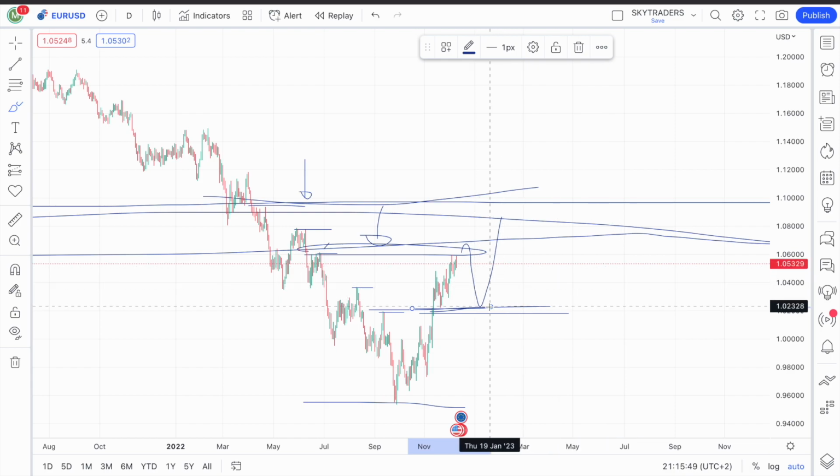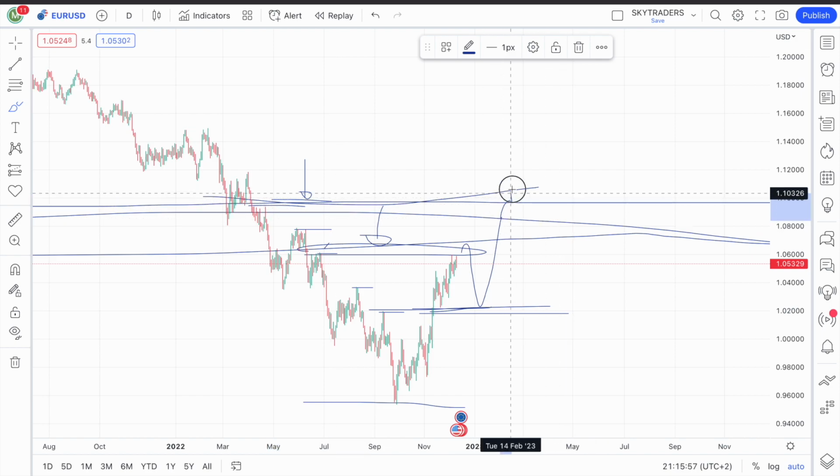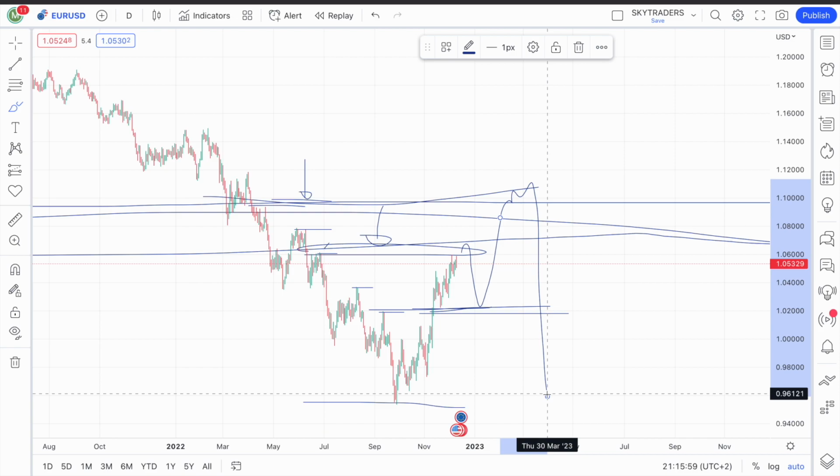And then we can expect another move to the upside to complete the trading range. And then from here, we can expect a rejection to the downside. Again, it's a hypothesis, right? Now we're thinking and building the hypothesis.